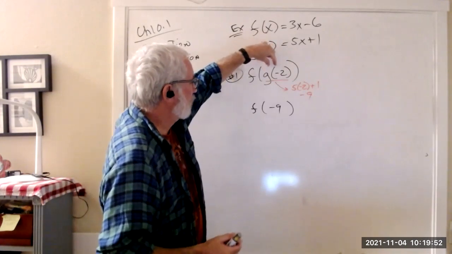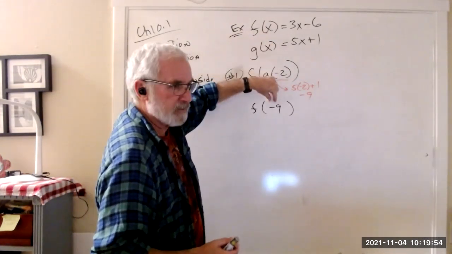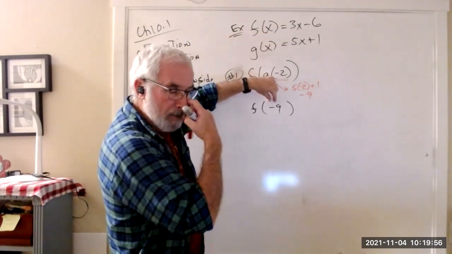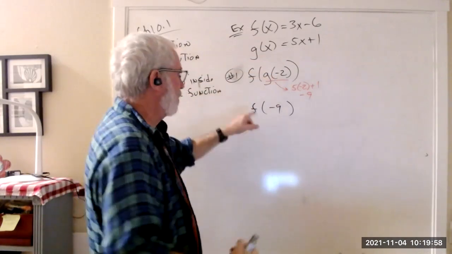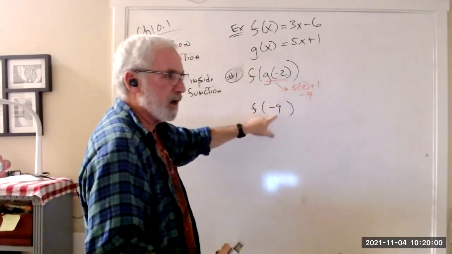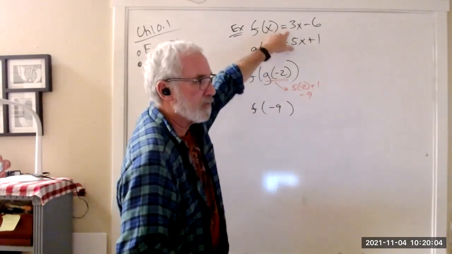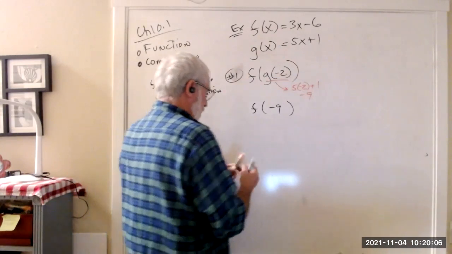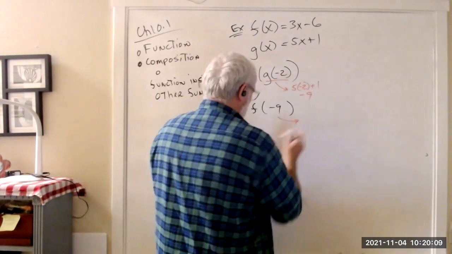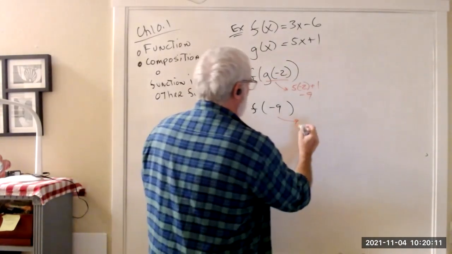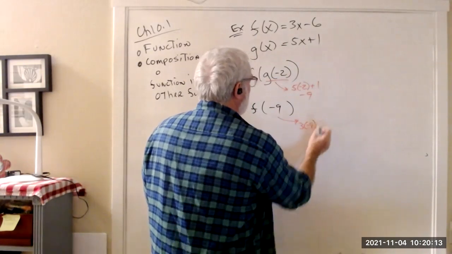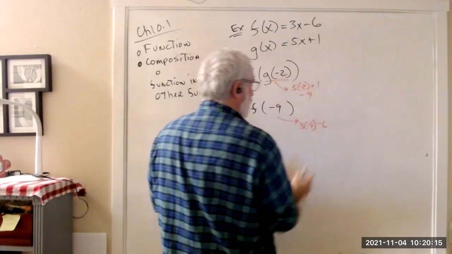So we replace g of negative 2 with negative 9. That's what it's worth. But now we have to do a whole other problem. What's f of negative 9? All that means is plug negative 9 into the f function. The f function says 3 times negative 9 minus 6.